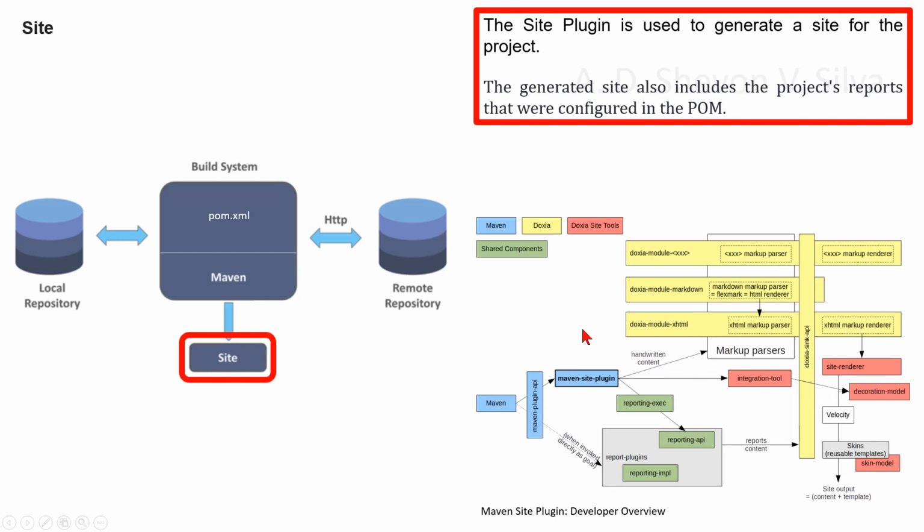And here you can see Maven here, and shared components are here, and Doxia are these, and Doxia site tools are these, Doxia 1.5 site tools. Velocity is not a part of Doxia here.